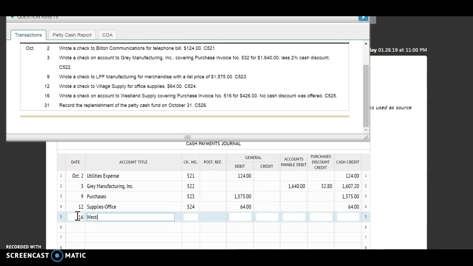So in this case, we do need to put our vendor into our account title column. Okay, I owed them $426 for that purchase invoice, so I'm going to debit my accounts payable for the full amount, and then I'm going to credit cash for $426. Remember, I didn't have a discount for this one. And then put in my check number that I used.